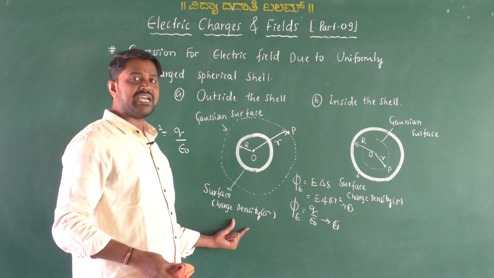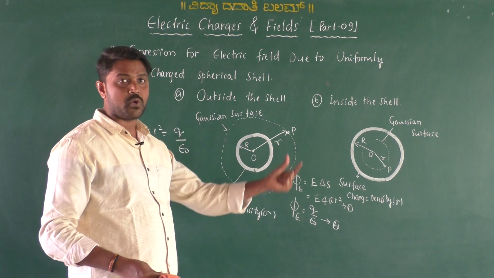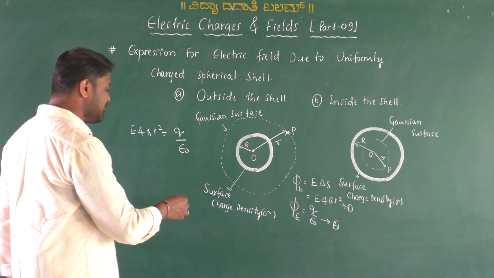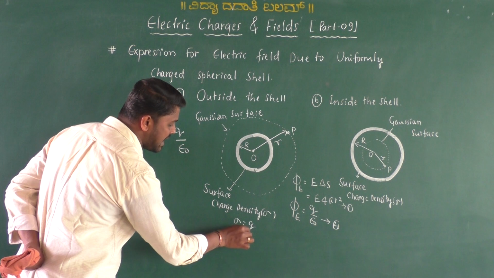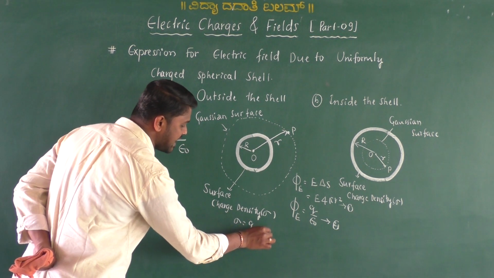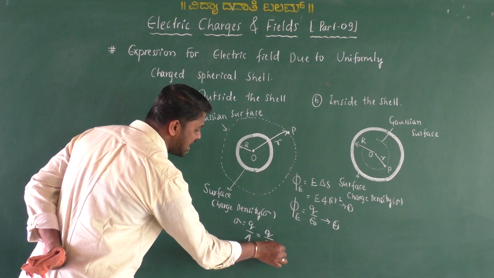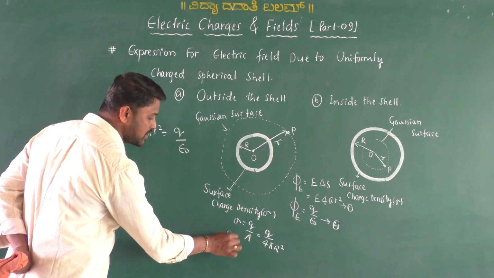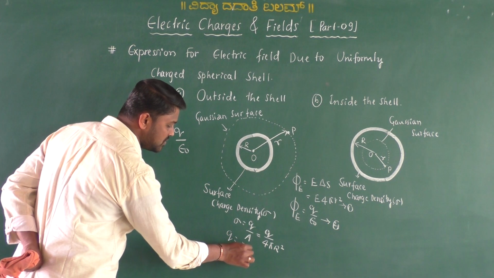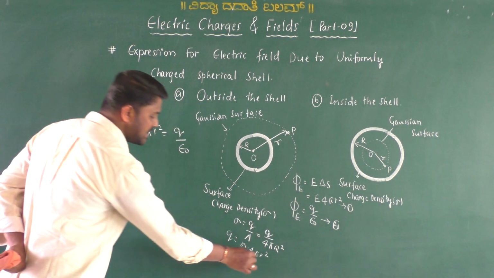Here sigma is the surface charge density, the distribution of charges around the sphere. So sigma equals Q by A, the area of the sphere, Q divided by 4 pi capital R square. If you want to calculate the charge, Q equals sigma into 4 pi capital R square.